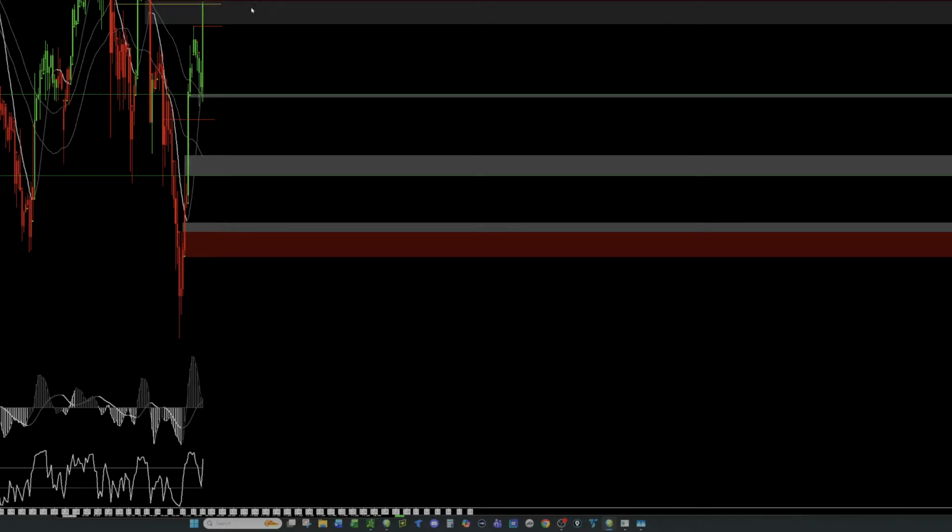This is an area, a potential area to take profits.